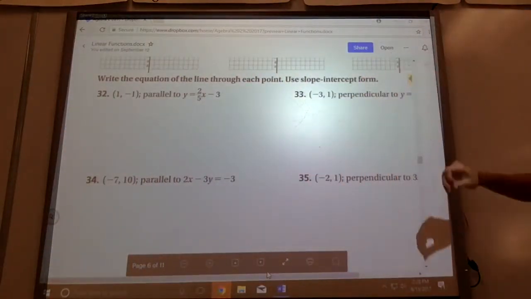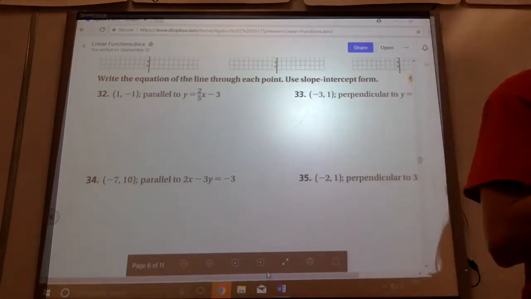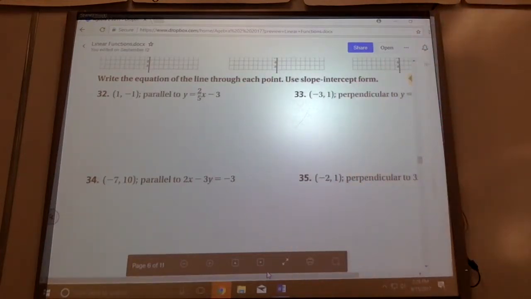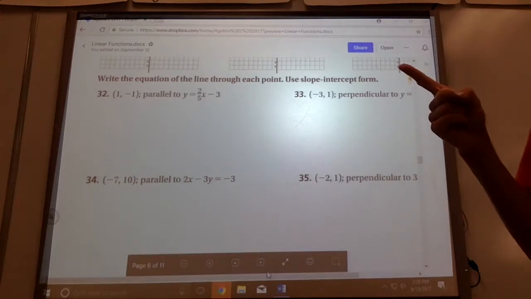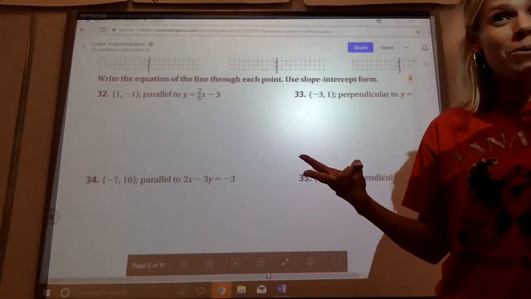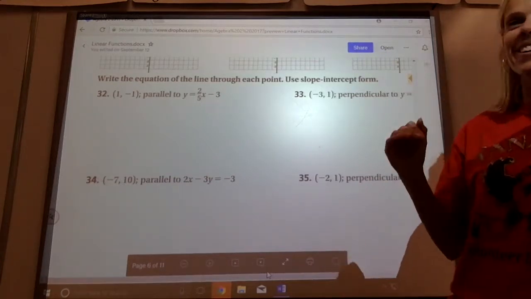Okay, so let's try a couple of these examples. So if you think back to the very beginning of the lesson, what 2 things did we need to make the equation of a line? Slope. And a point, right? Okay, you need a slope. I know it was so long ago.